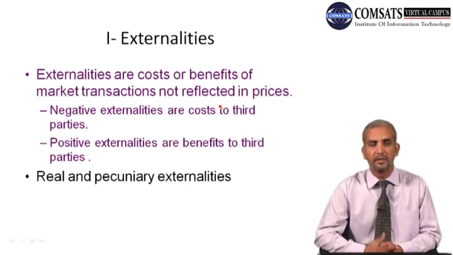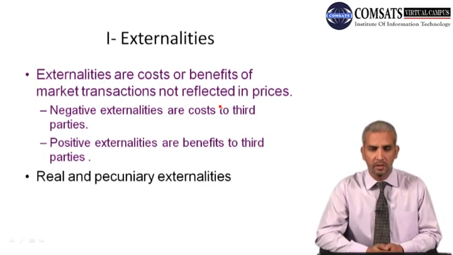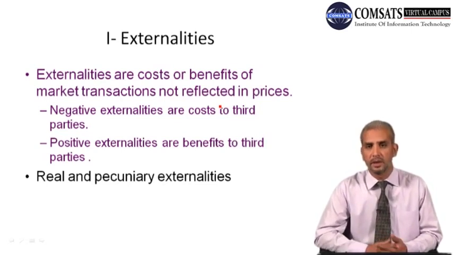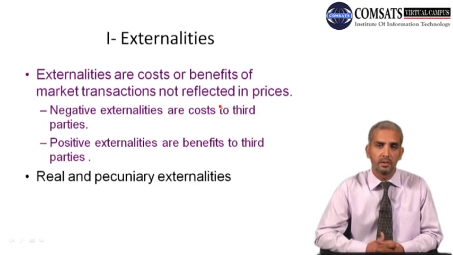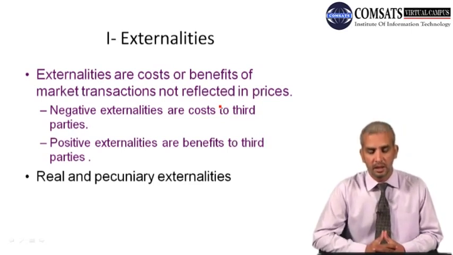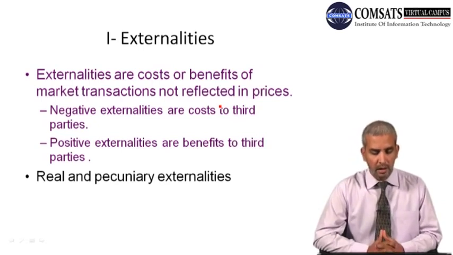So there is a benefit to all the other people living in the surroundings who do not even use the fire alarms. Since the price of the deal between the fire alarm making company and the individual does not account for this social benefit, the marginal social benefit of one single fire alarm installed in my home, that would mean that it is an externality.